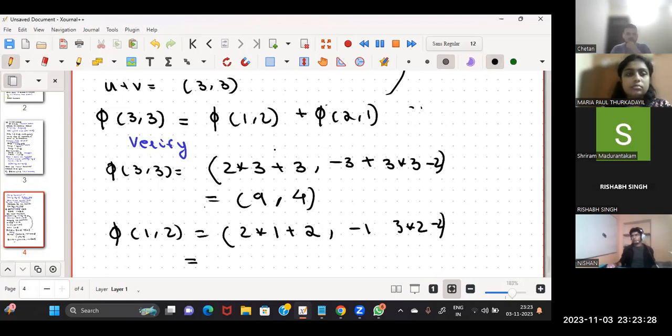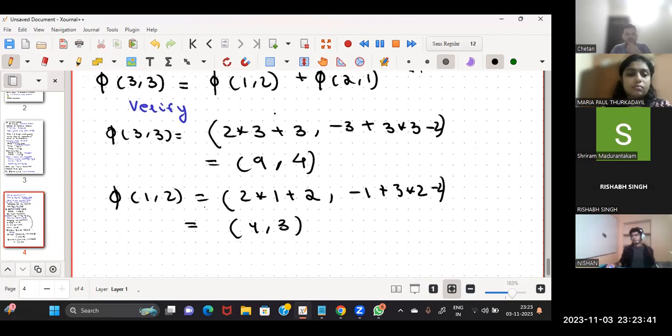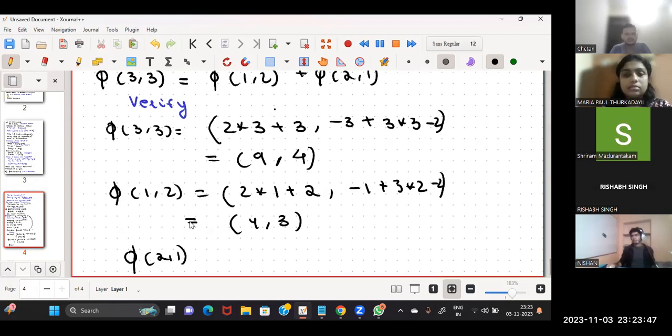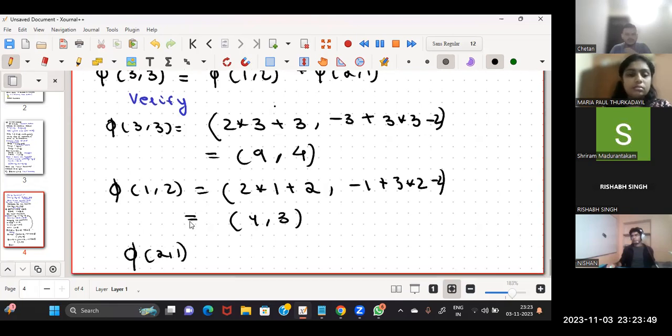It will be 2 times 1 plus 2, that is 4, and 6 minus 2 minus 1, that is 3. Are we getting the same answer here, guys? No, just a second, we haven't calculated phi of (2, 1). Okay, I thought you were taking both of them simultaneously.